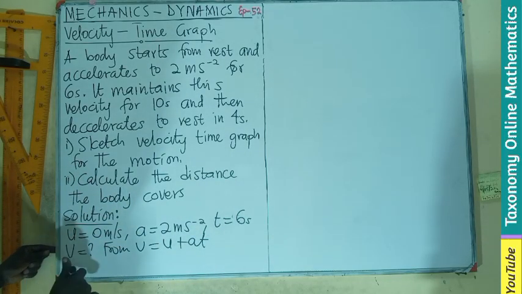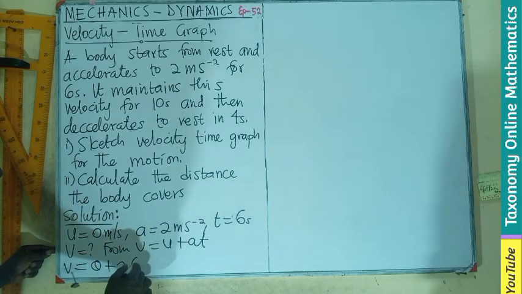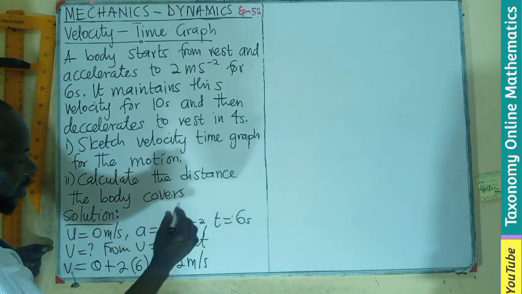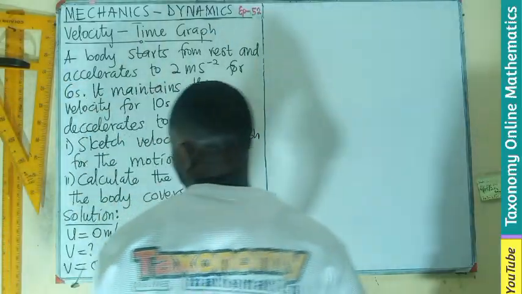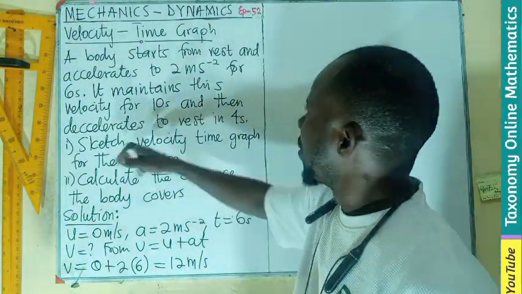So I have my final velocity equals 0 plus acceleration of 2 times 6, which equals 12 meters per second.